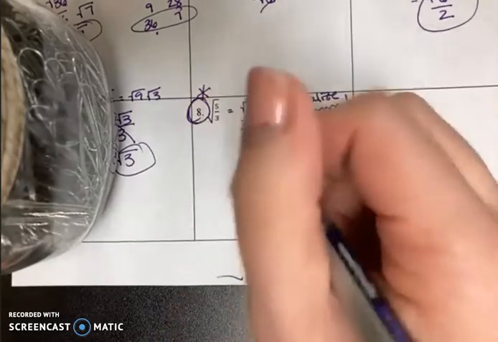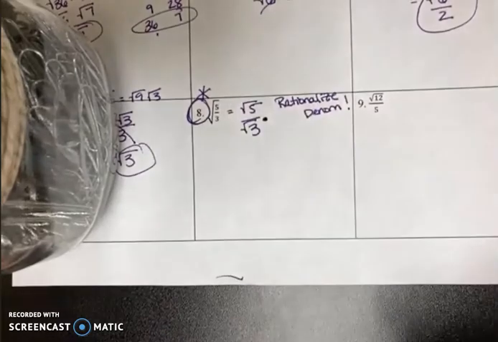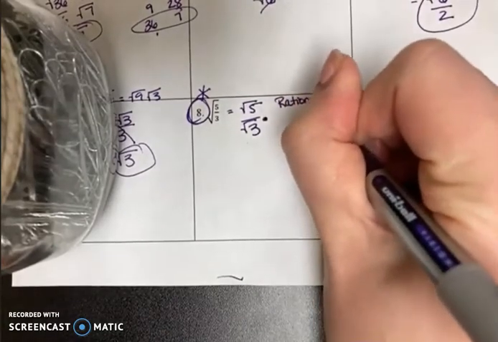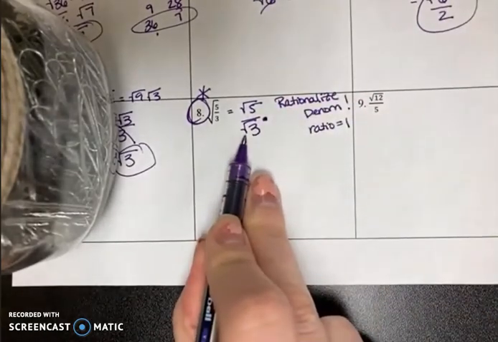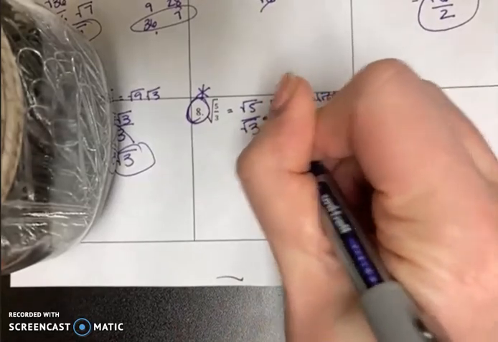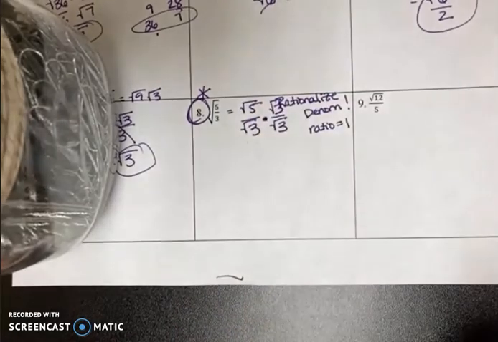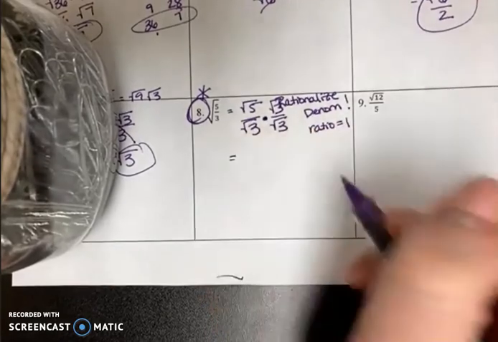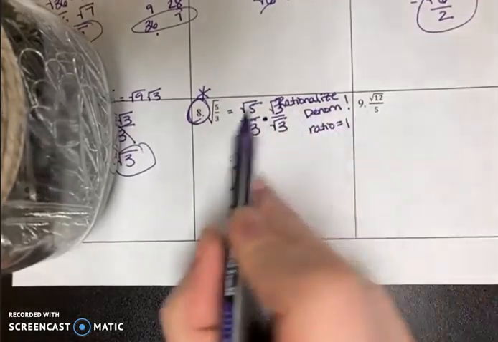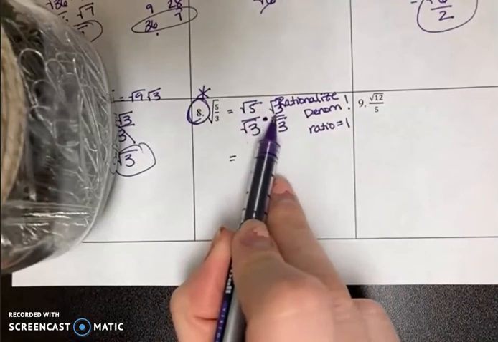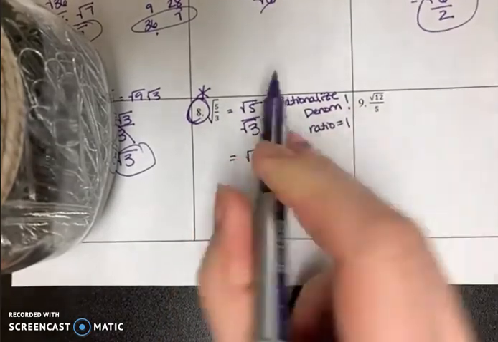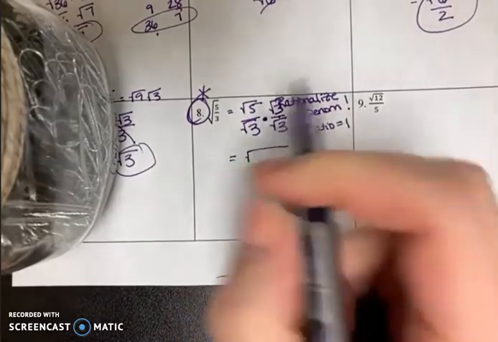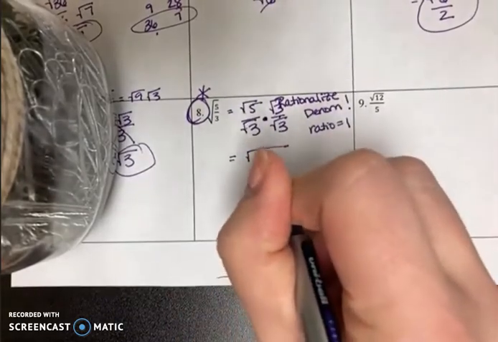We do that by multiplying by a ratio that's equivalent to 1. And that ratio will be the denominator over itself. So square root of 3 over square root of 3. Now we can use product property to multiply these together. I have root 5 times root 3, which is root 15.